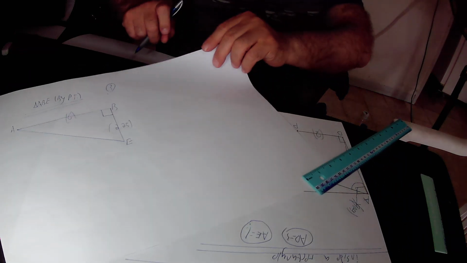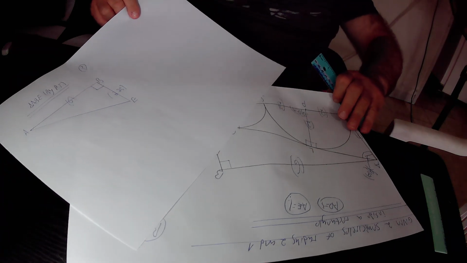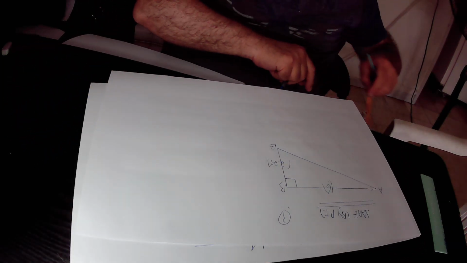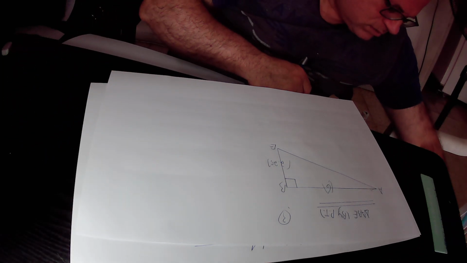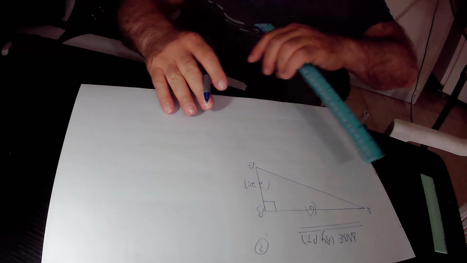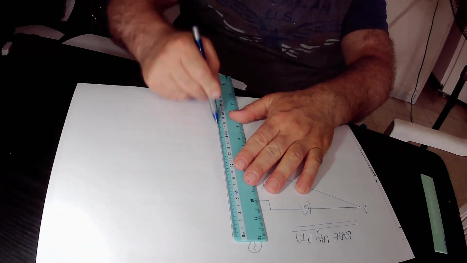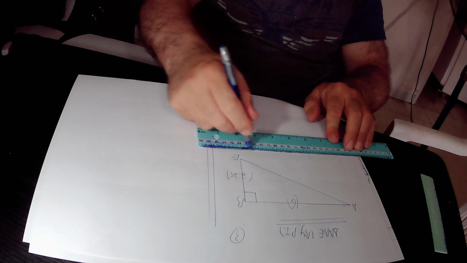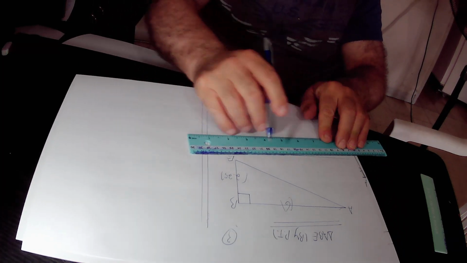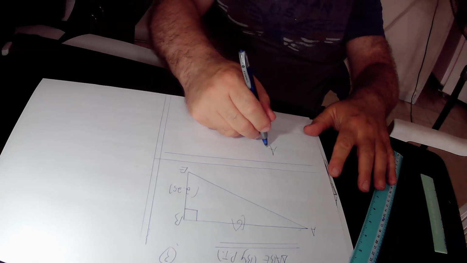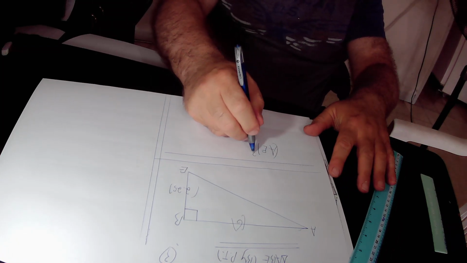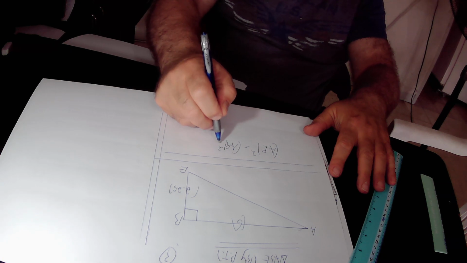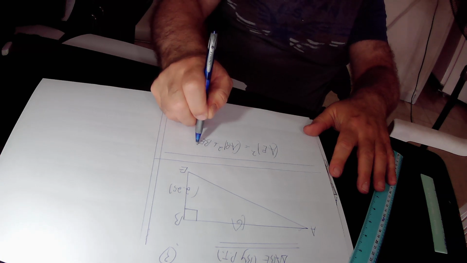In the right triangle ABE, the square of the hypotenuse, that is AE square, must be equal to AB square plus BE square.